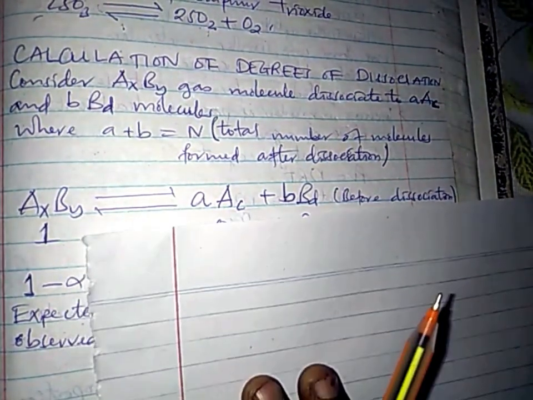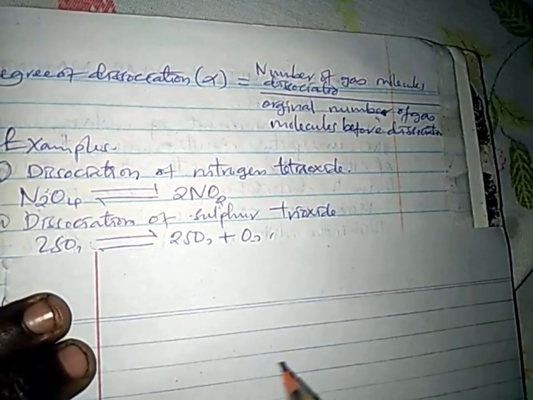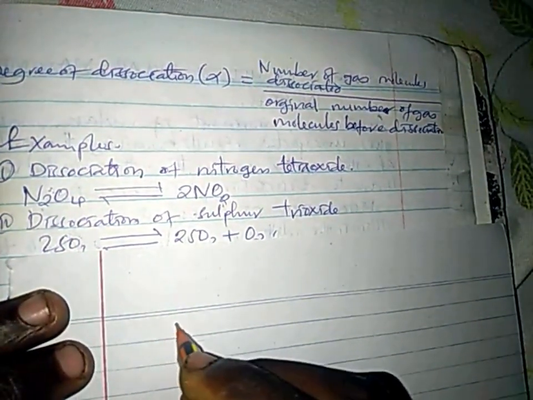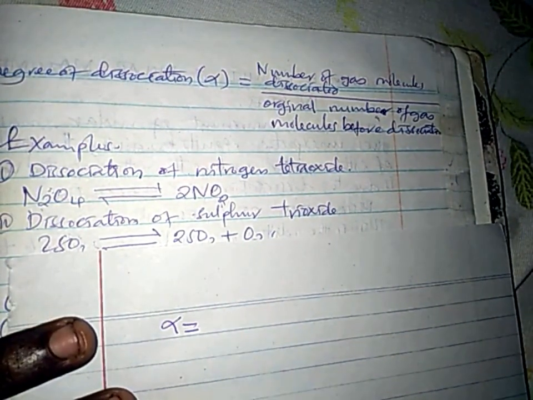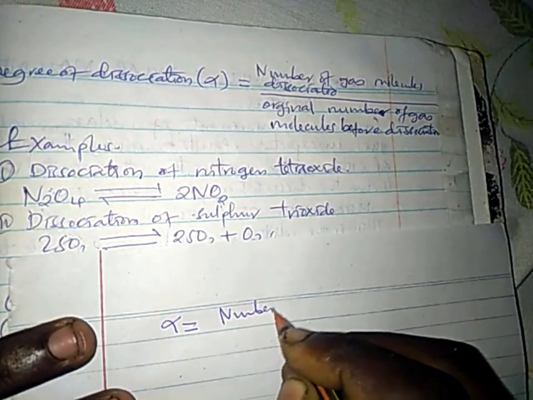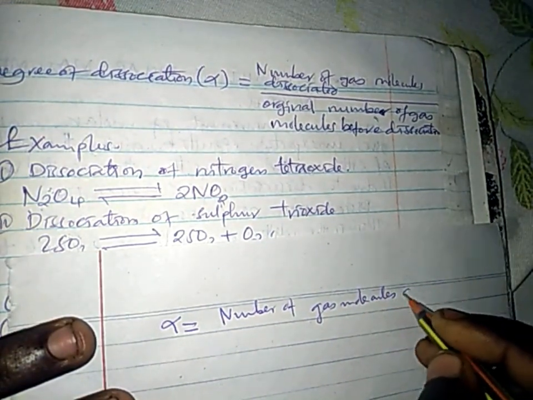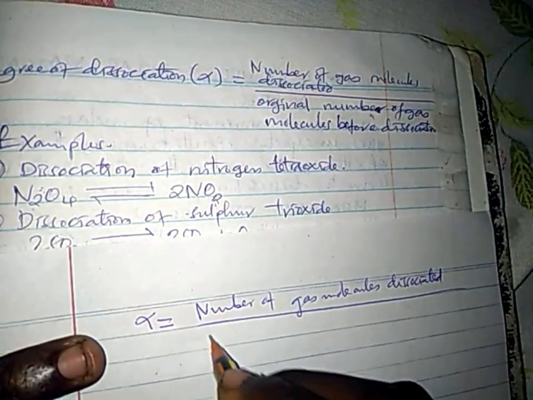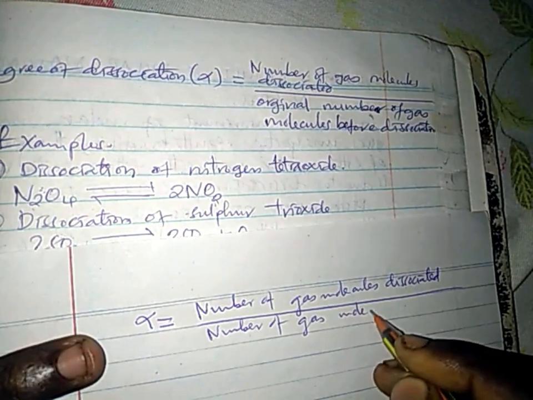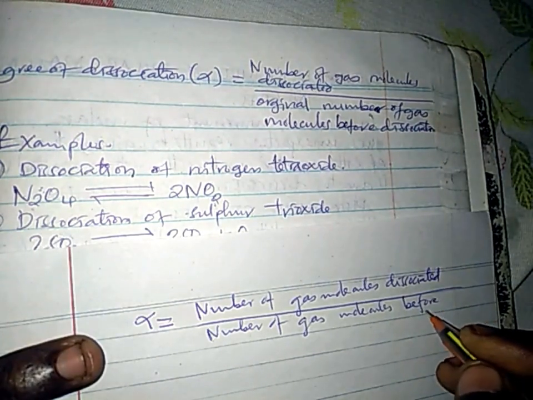So as we said in the previous session, degree of dissociation is the fraction of gas which has been dissociated. It is represented by alpha. So alpha can be calculated as number of gas molecules dissociated, divided by number of gas molecules before dissociation or undissociated.